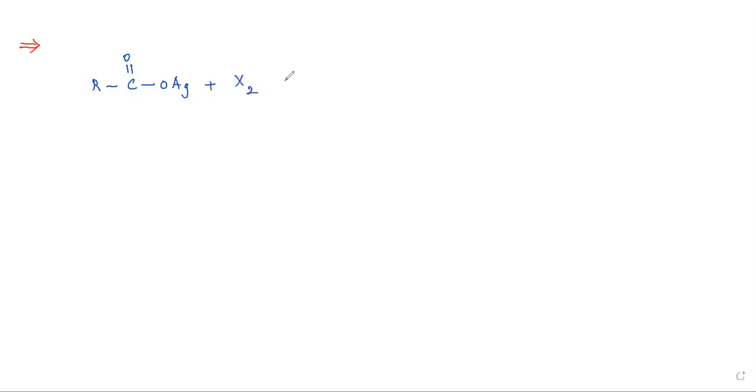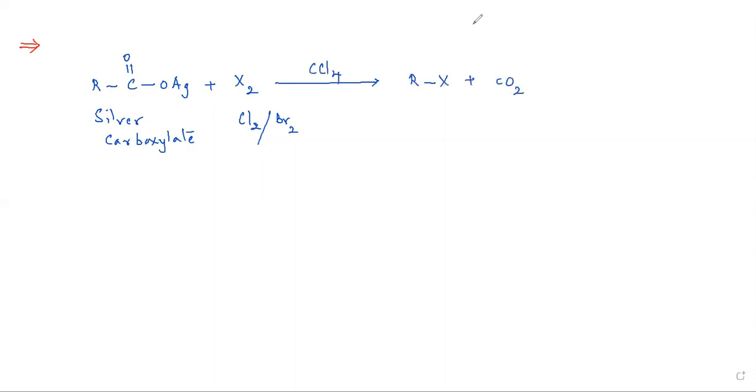When this silver salt of carboxylic acid is treated with a halogen, take chlorine or bromine, in the presence of CCl4, we get alkyl halide, carbon dioxide, then silver halide.